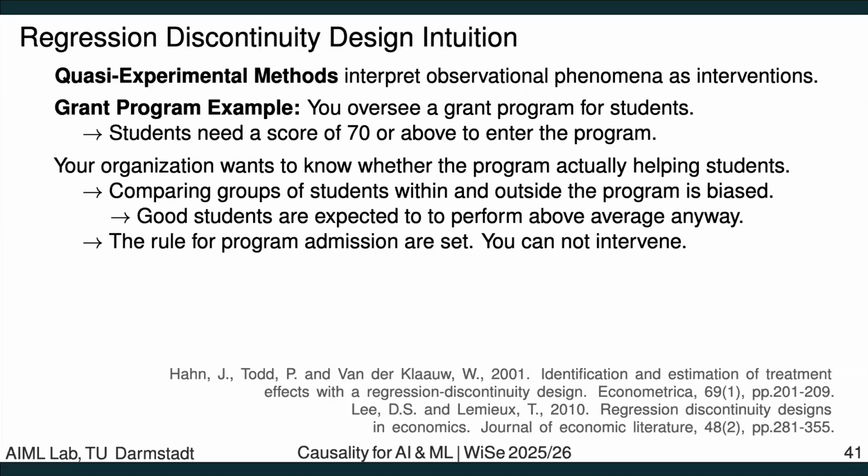And the rules for admission are set, so we cannot intervene. We cannot run a year where we randomly assign these grants to students no matter their score. So we need to come up with some other idea.